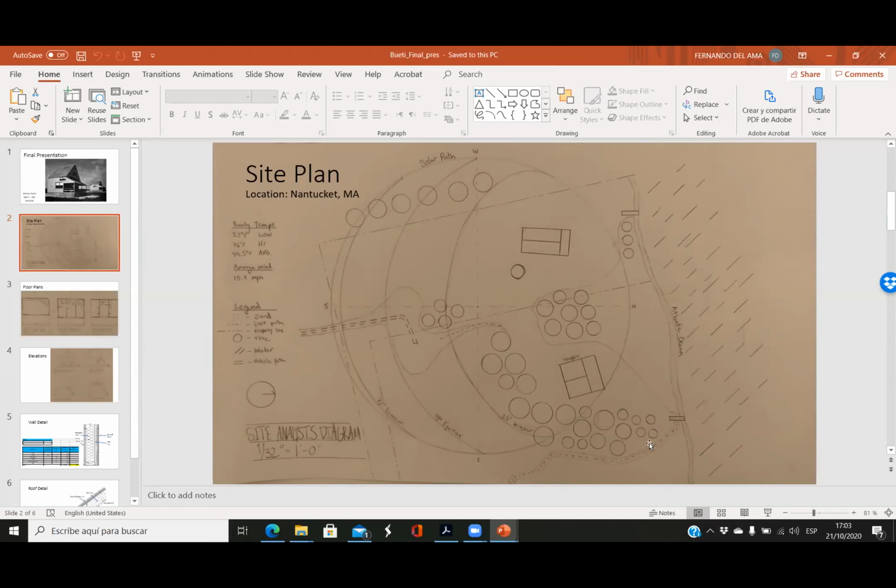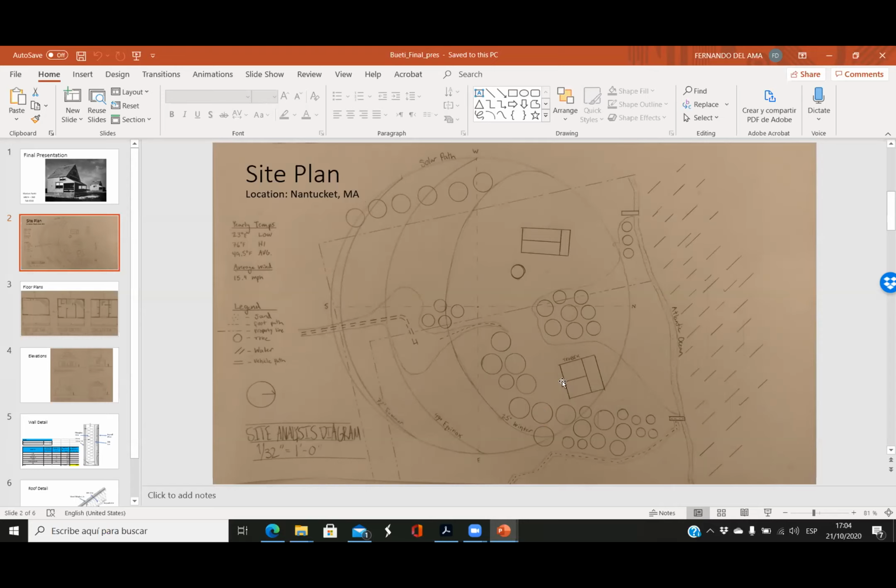I don't know if this is a road or a walkway, or the driveway, but I understand that there are different things, and I assume that the circles are trees.